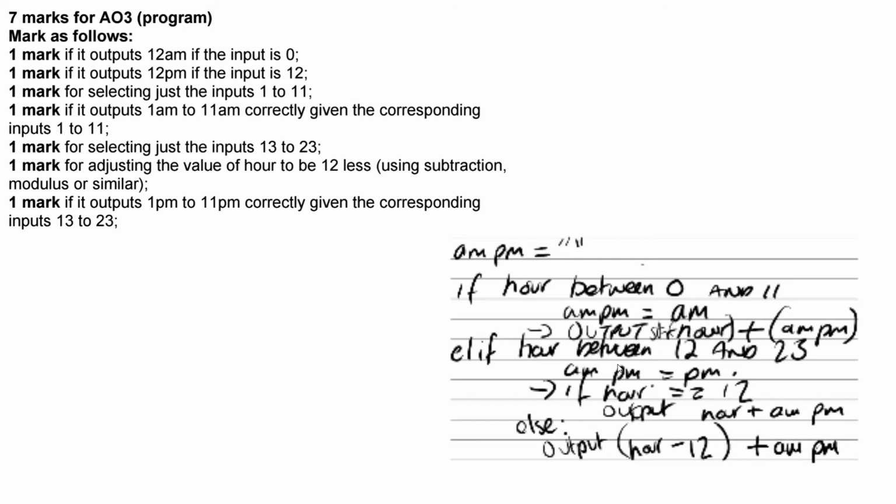Then 1 mark for adjusting the value of hour to be 12 less, so I've got that, I've got the subtraction there. 1 mark if it outputs 1 PM to 11 PM correctly, and yes it will. Just a bit iffy about this one here, but I reckon the examiner would give me that mark because I've embedded this if statement within that one. So I'm going to say I got that mark. So I've got 5 out of 7 on that one.